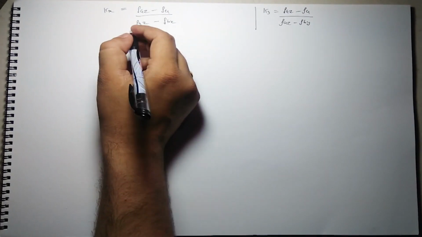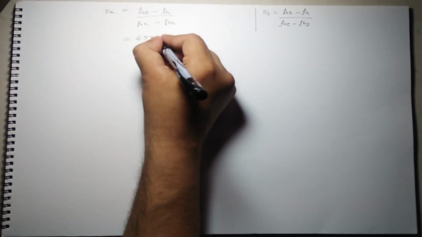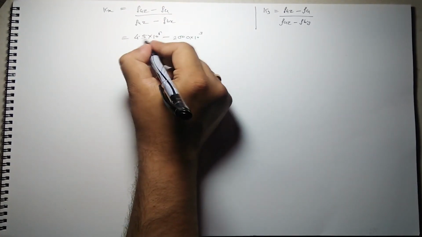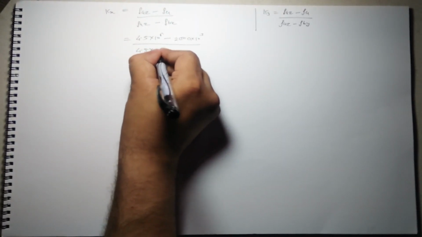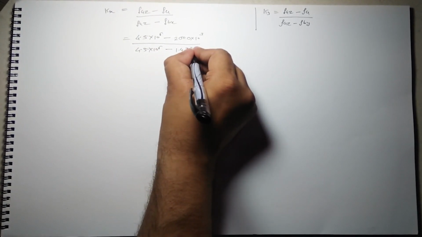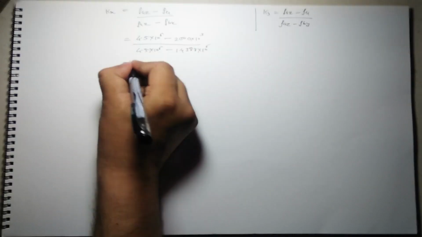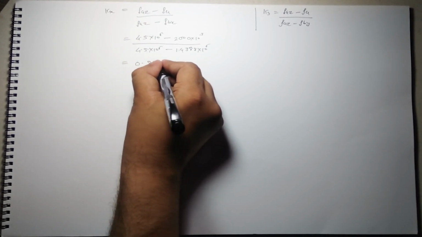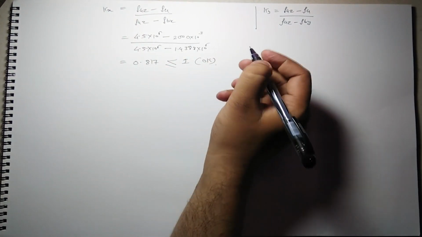So just put the value here: 4.5 into 10 to the power 6 minus 2000 into 10 to the power 3, divided by 4.5 into 10 to the power 6 minus 1.4388 into 10 to the power 6. It is coming to be 0.18817, which is less than or equal to 1, so it is okay, safe.